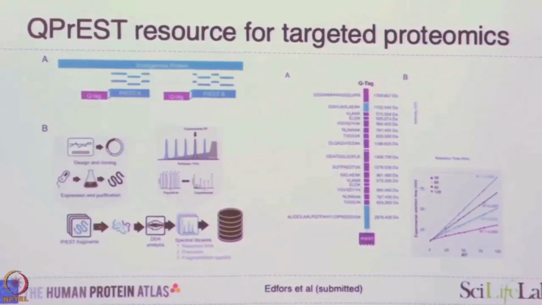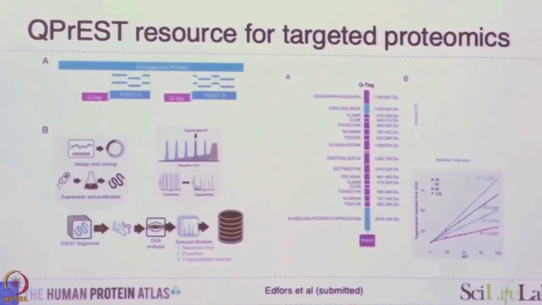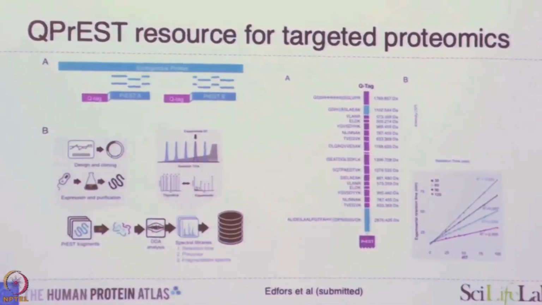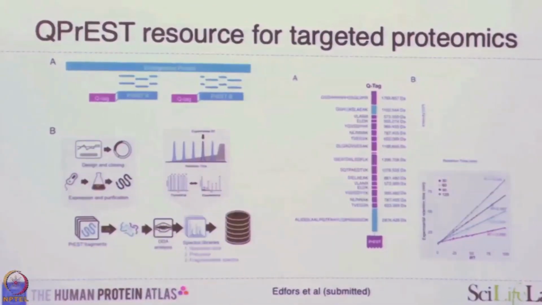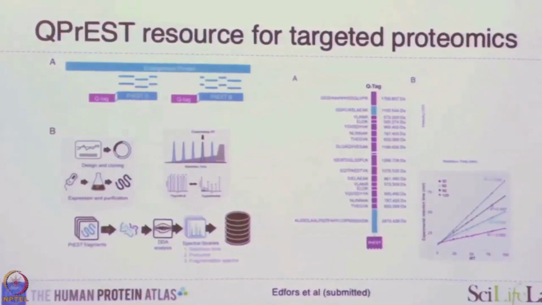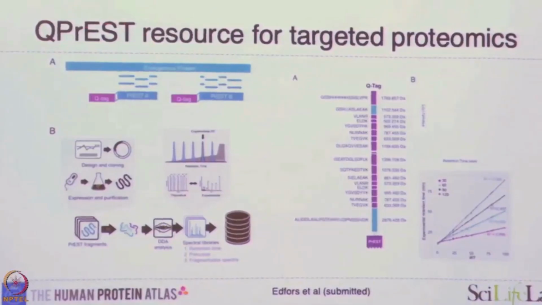Because this is a common tag for all the standards we use in our system. And you can use this, of course, for all your mass spec retention time adjustments and so forth. Now we've done this for about 25,000 of these proteins, for these QPrESTs, as we call them. The paper is also on bioRxiv and hopefully will be coming out in a couple of weeks' time.